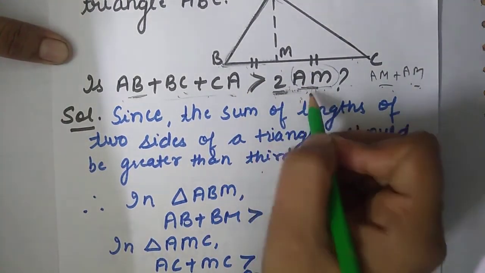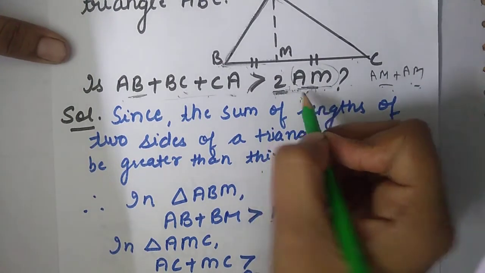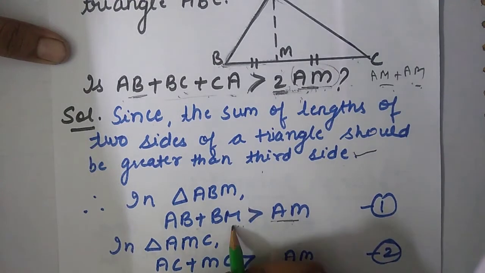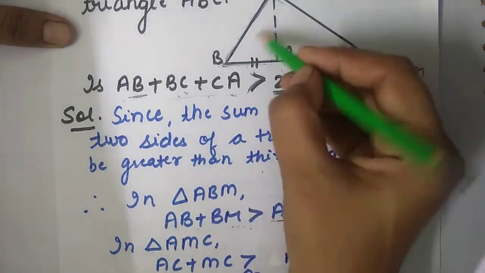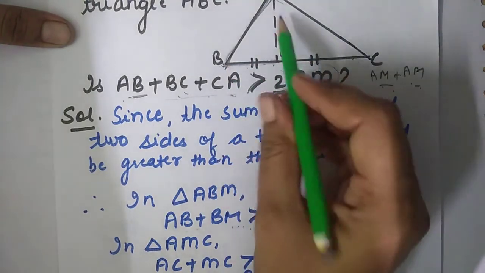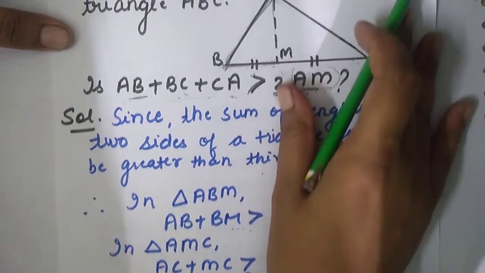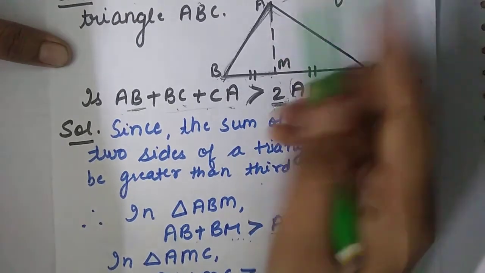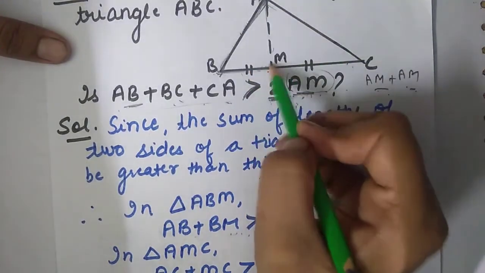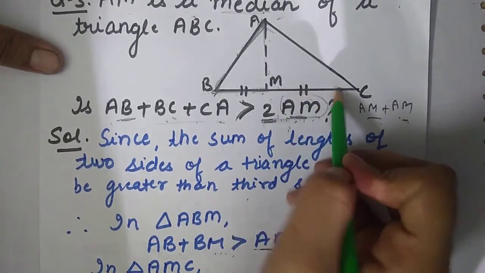So I am taking these three sides as below. AB plus BM must be greater than AM, because this again forms a triangle, and the sum of two sides is greater than the third. Now same I will take this triangle AMC.